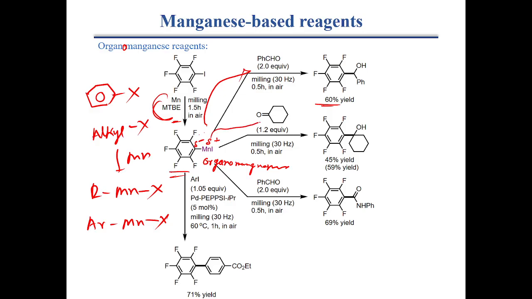If we treat it with a ketone, it directly attacks the ketone, giving this tertiary alcohol. If we react manganese with aryl iodide and palladium, there is a possibility of a coupling reaction. Just as with boronic acid, this manganese compound will also couple, giving this coupled product.